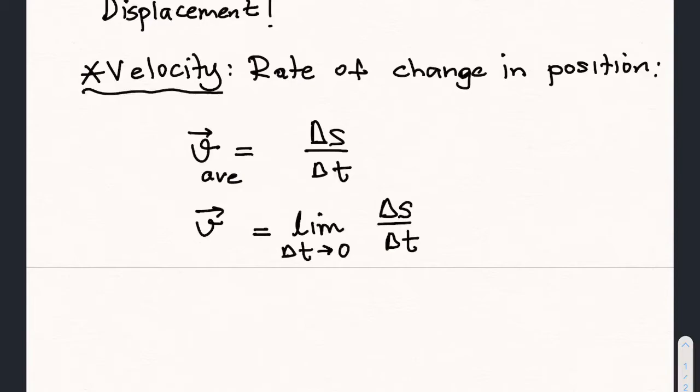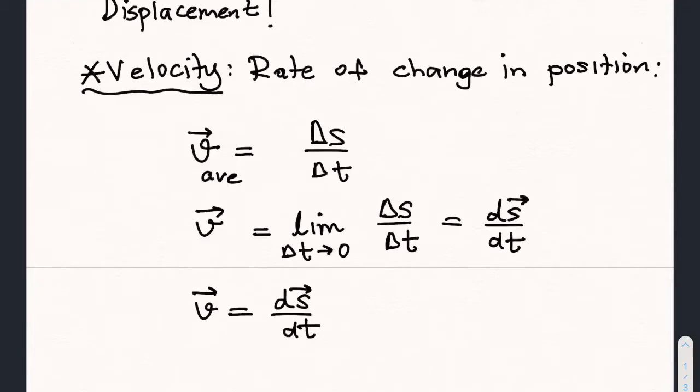From math classes, you may remember this limit gives me a differential term, ds over dt. So in instantaneous form, the velocity is given by the differential of position with respect to time. So this is one kinematics relation that I want to use.